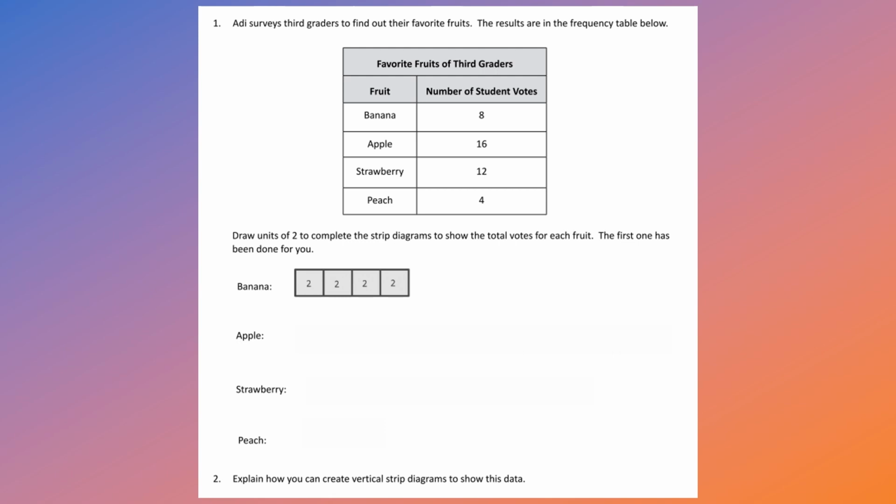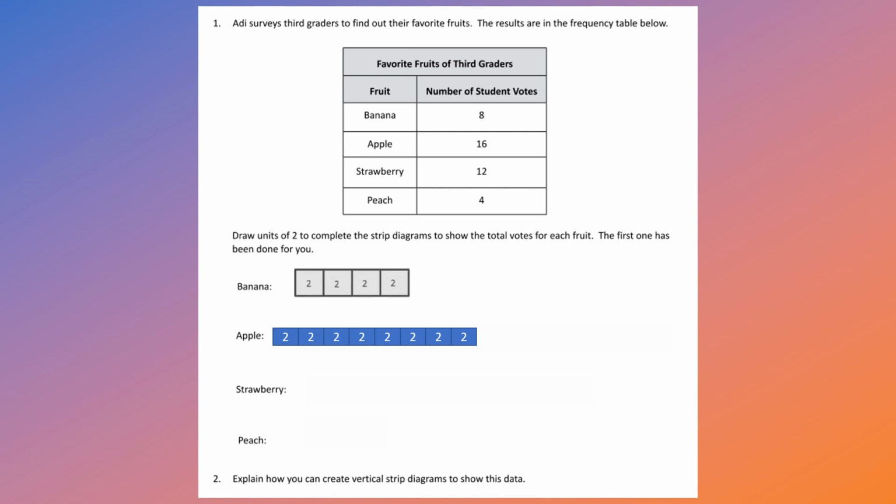So let's draw our units of 2 in a strip diagram and count by twos until we get to 16, because there were 16 students that voted for apple. 2, 4, 6, 8, 10, 12, 14, 16.